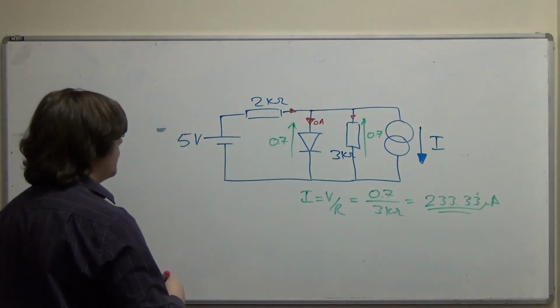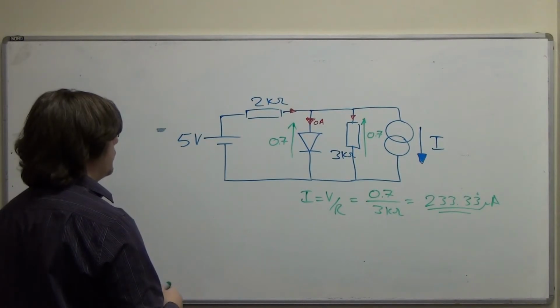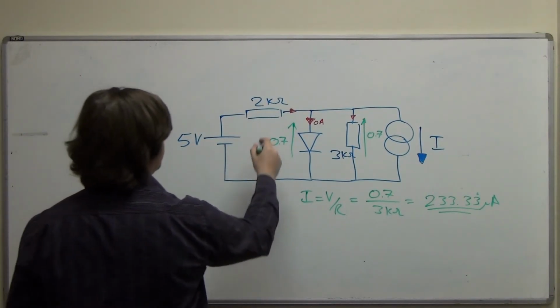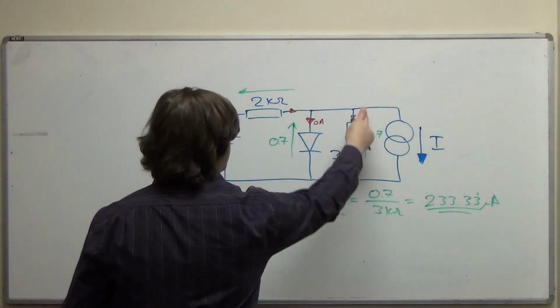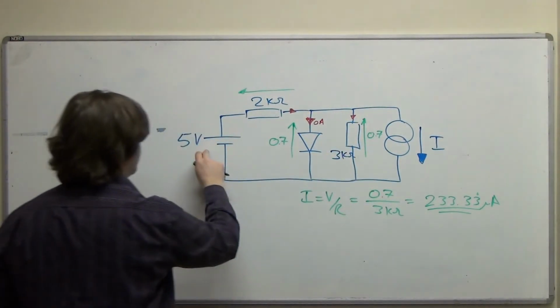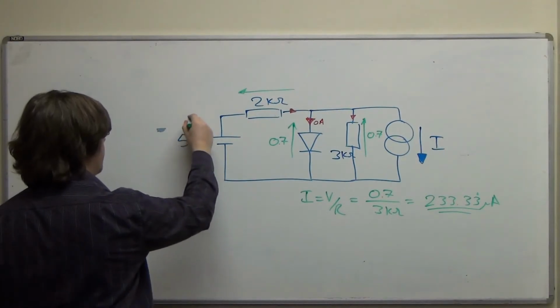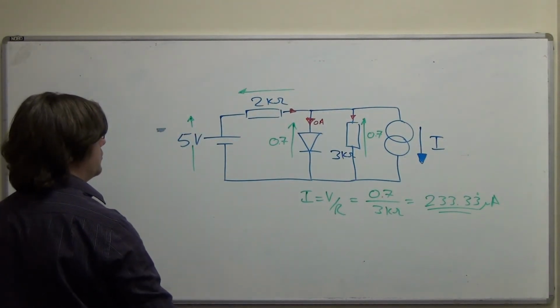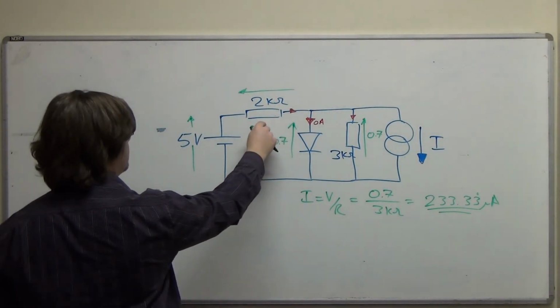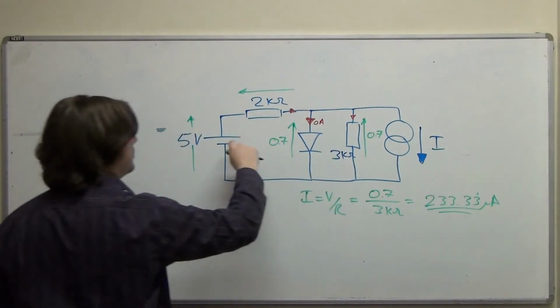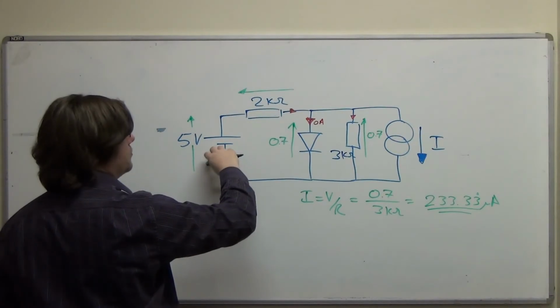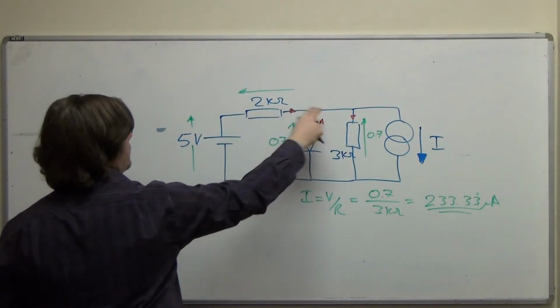And we can also say, well, we know what this voltage is, because we know that we've got 0.7 volts across here, and we know we've got 5 volts in that direction. So whatever's across the resistor must be 5 minus 0.7, because we're doing the voltages around this loop adding up.